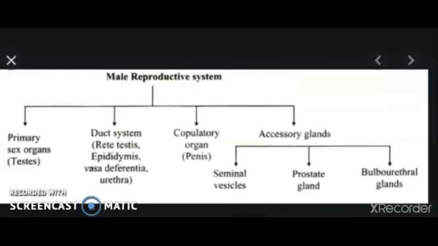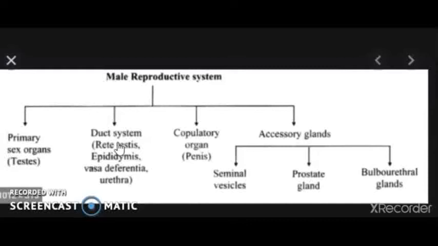We have already discussed that the male reproductive system is divided into two parts, primary sex organs and secondary sex organs. In primary sex organs, a pair of testes are present. Now here we discuss the secondary sex organs. In secondary sex organs, there are two divisions.